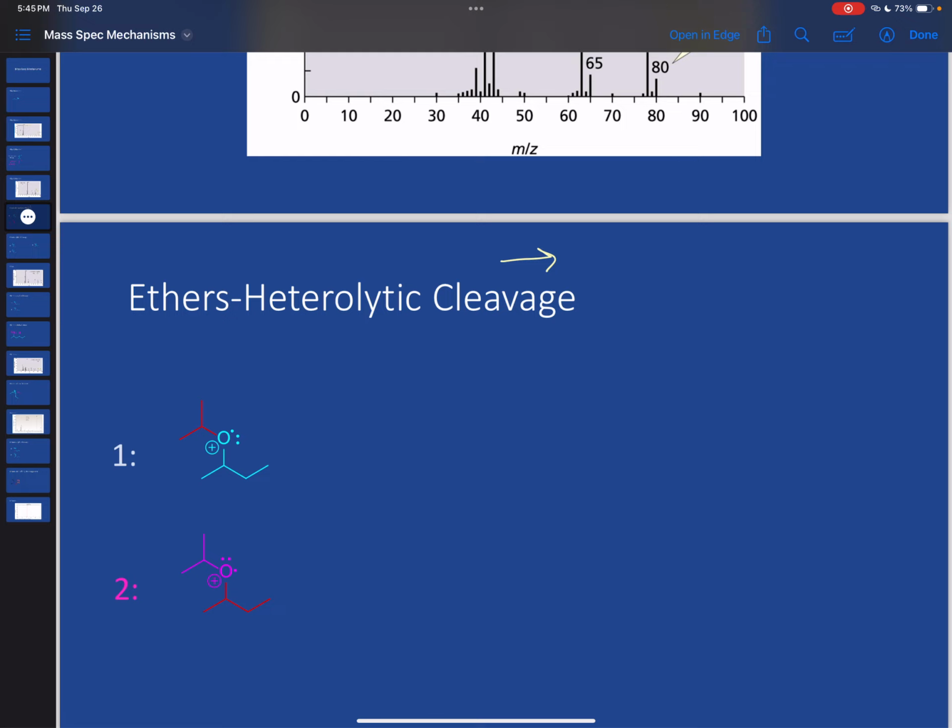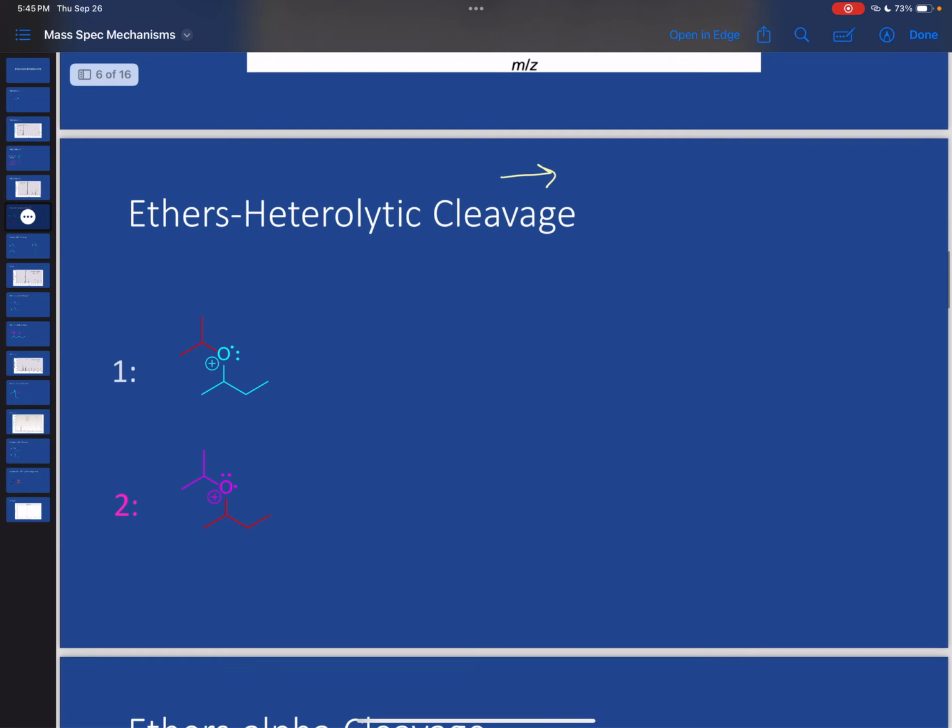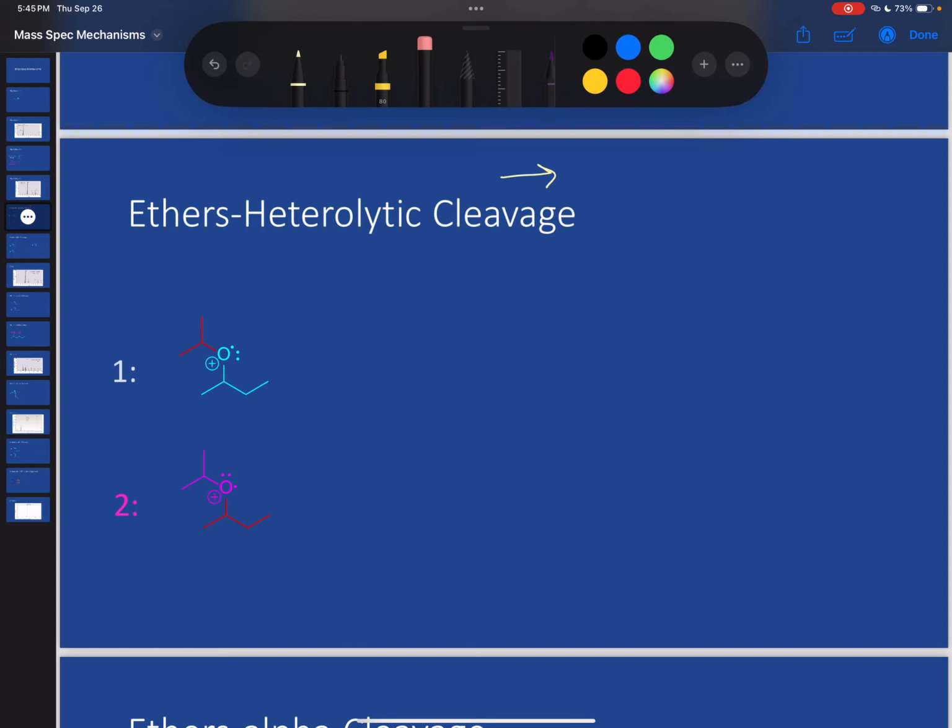Before we start fragmenting, the first thing you guys better be looking at in your mass spec is the molecular ion peak. This is with every single functional group, not just ethers. This would be the very first thing you do if you're ever given a mass spec. I don't care what it is.